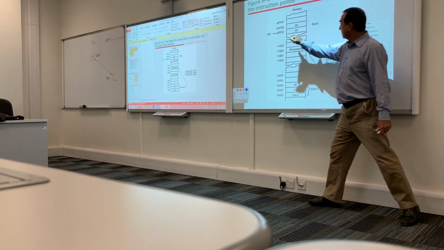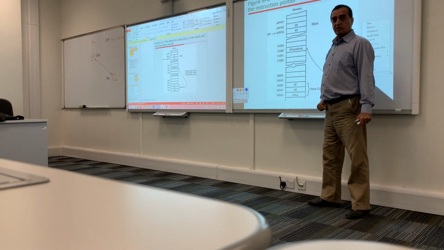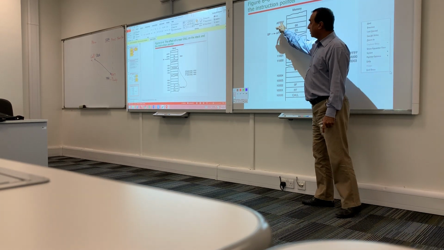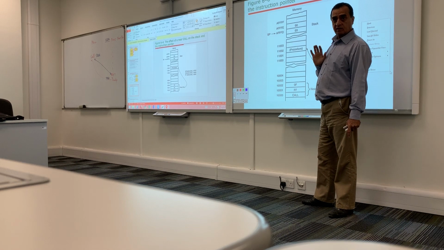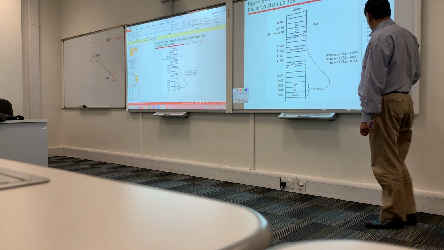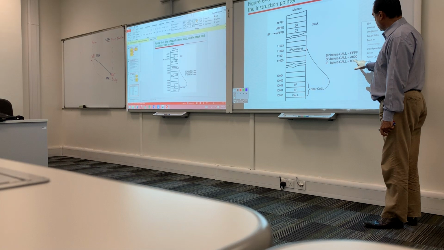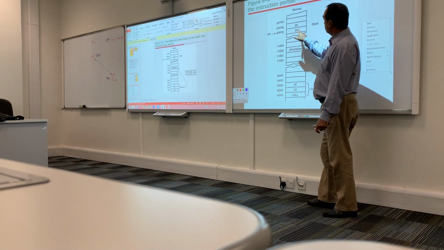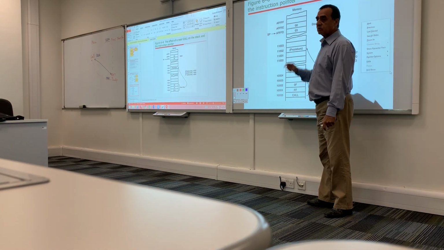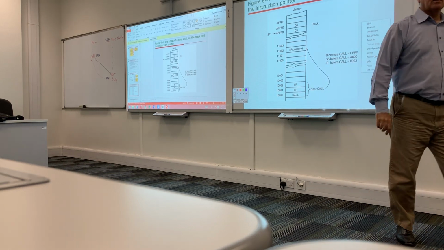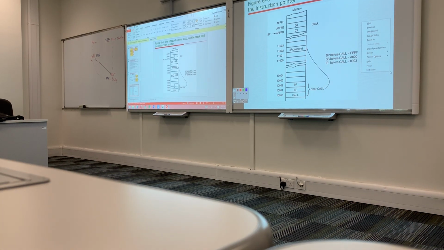You will get 804FF. What is the rule? Decrement by 2. Correct? And then store what? What is the value? 03 is lower, 00 is higher. IP is stored on the stack.